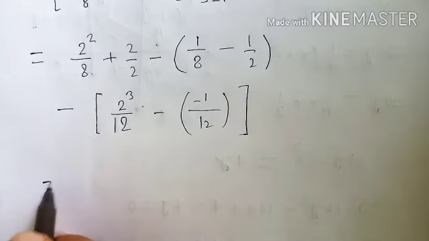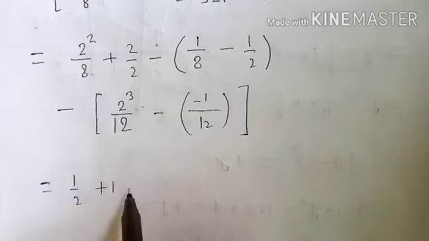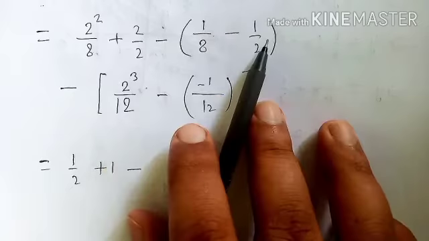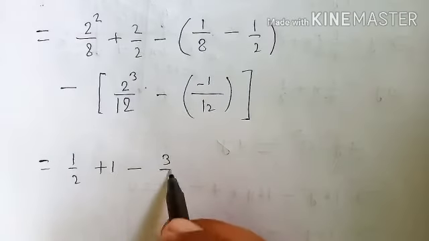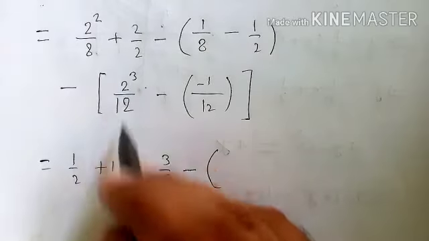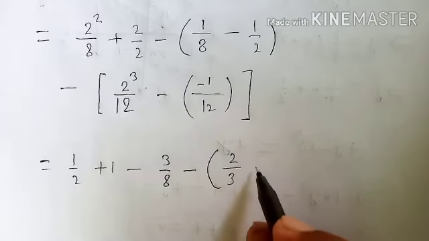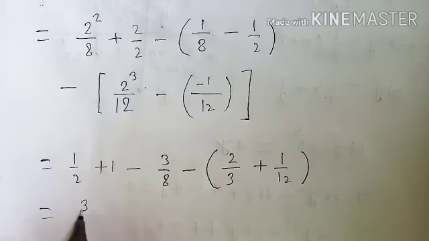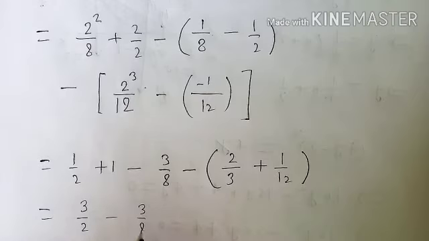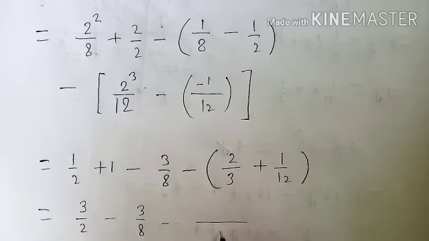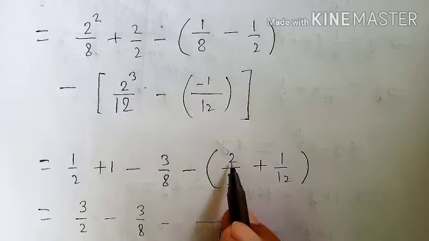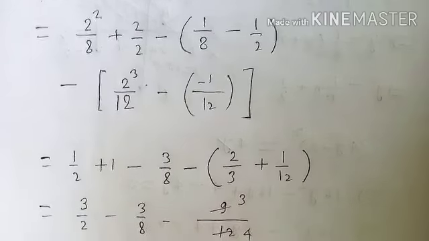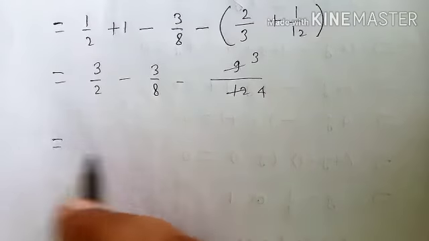Four by 8 is 1 by 2 plus 1, minus 1 by 8 minus 1 by 2, is 4 minus 1, 3 by 8. Minus, here we have 8 by 12 is 2 by 3 plus 1 by 12. Here we have 3 by 2 minus 3 by 8. Here we have LCM 12. So 2 into 4, 8, 8 plus 1, 9, 3 by 4. LCM is 8.